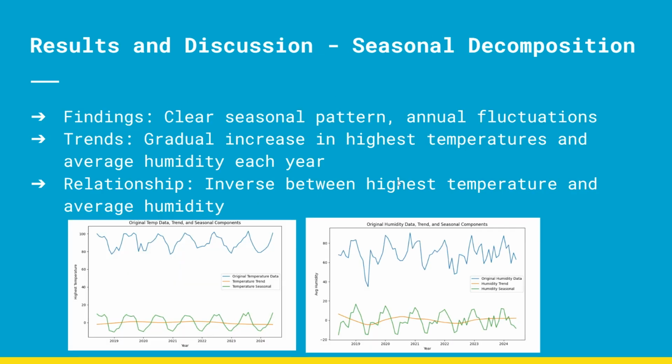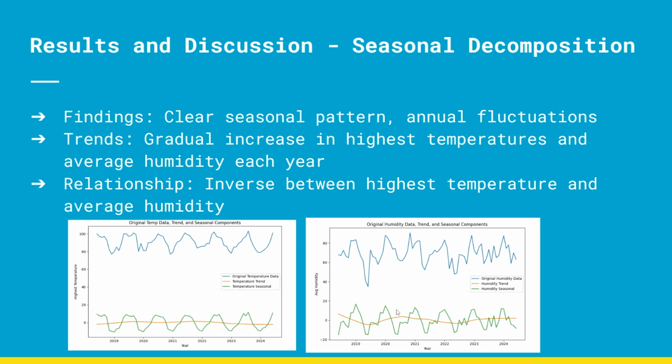So for results and discussion, seasonal decomposition. Findings, I put the graphs here again to just visualize it. There is a clear seasonal pattern. There are annual fluctuations, of course. For trends, I see a gradual increase in highest temperatures and the average humidity each year.